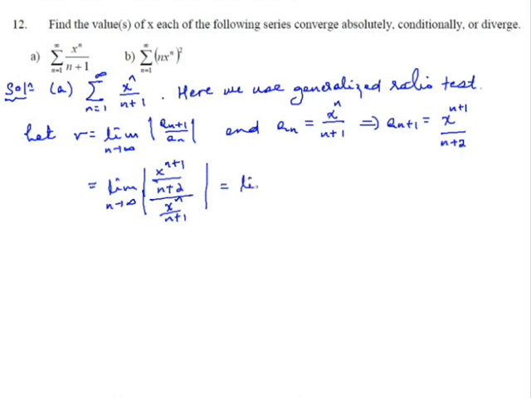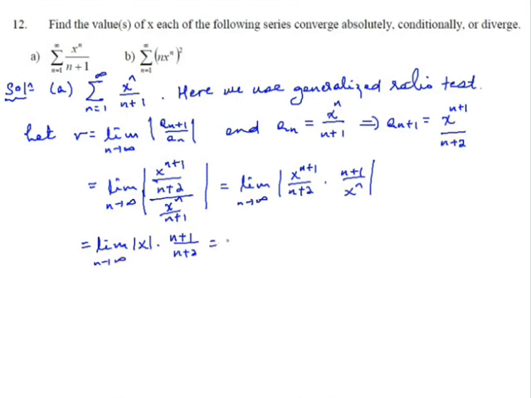This can be written as the limit of x to the power of n plus 1 over n plus 2 times n plus 1 over x to the power of n as n approaches infinity. Now rearranging and simplifying, this is the same as the limit of the absolute value of x times n plus 1 over n plus 2 as n approaches infinity.